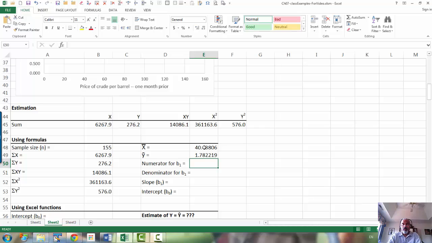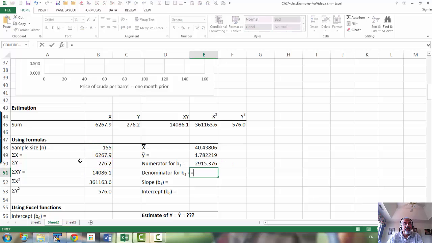So the numerator for computing b sub 1 is sum of xy minus sum of x times sum of y divided by the sample size.